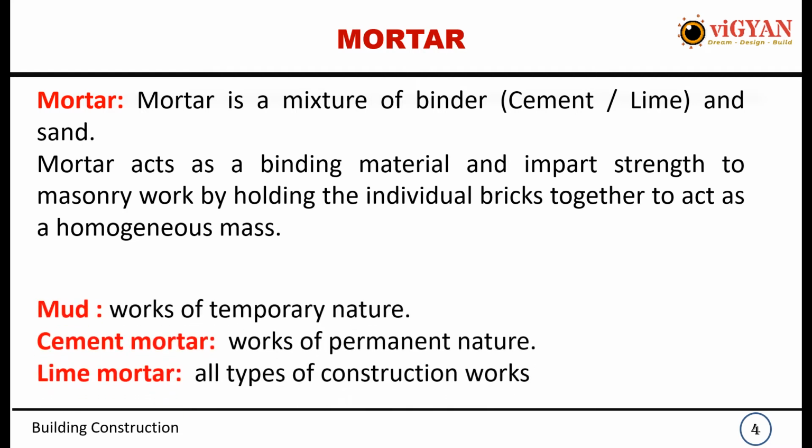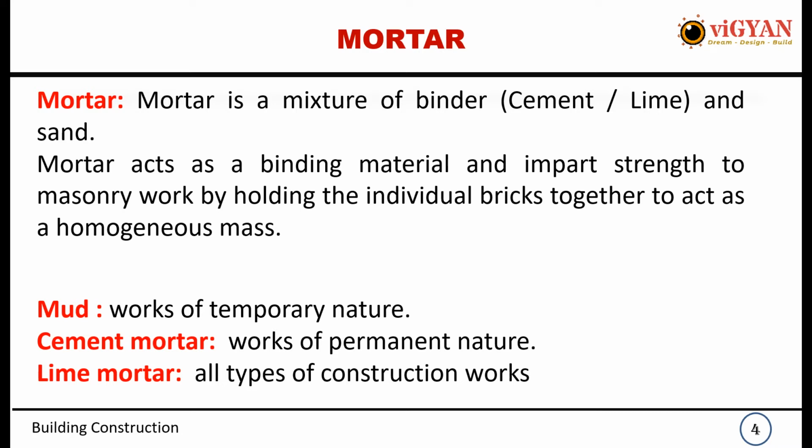Depending upon the binder used in mortar, mortar may be classified as mud mortar, cement mortar, and lime mortar. Mud mortar, where clay is used as a binding material, is used for works of temporary nature or where limited funds are a great concern. Cement mortar is used for almost all types of permanent works.